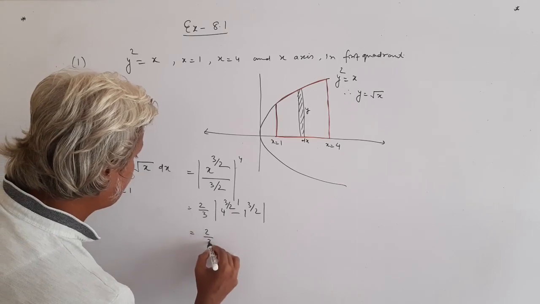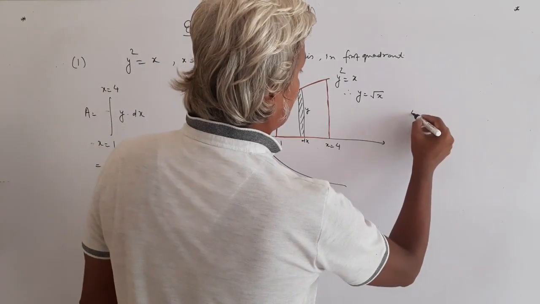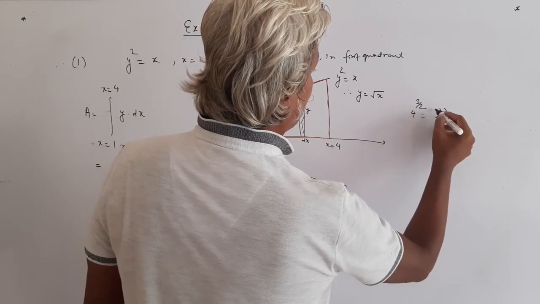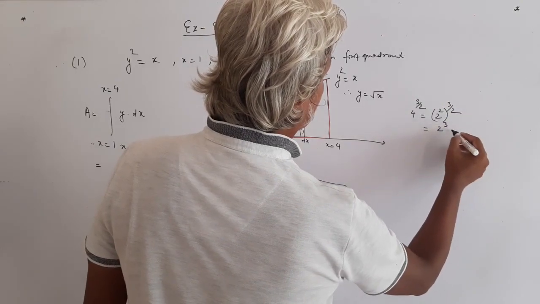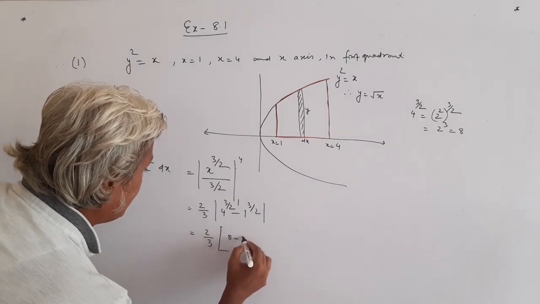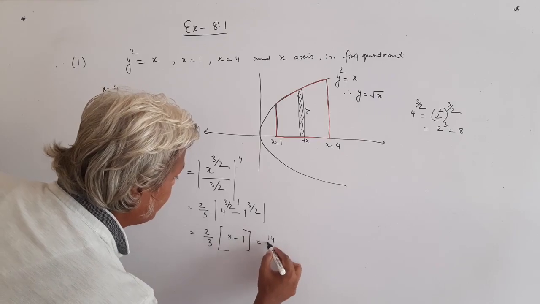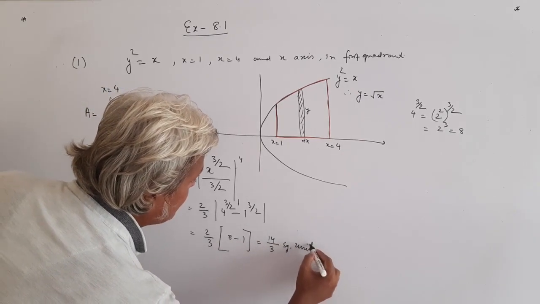Now what is 4 to the power 3 by 2? It is 2 square whole to the power 3 by 2, which is 2 to the power 3, that is 8. So this is 8 minus 1, which is 7. So 2 by 3 times 7 is 14 by 3 square units.